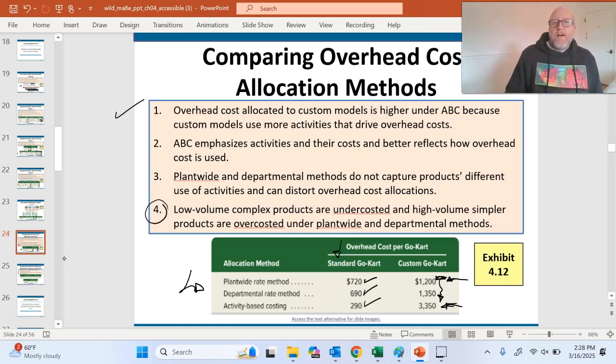That's what we mean by the plant wide undercosts. And then high volume, simple products are overcosted. And the opposite's true. If we're using a single plant wide, it's 720 as opposed to the most refined 290. So using the plant wide, we're allocating too much cost to the high volume products.